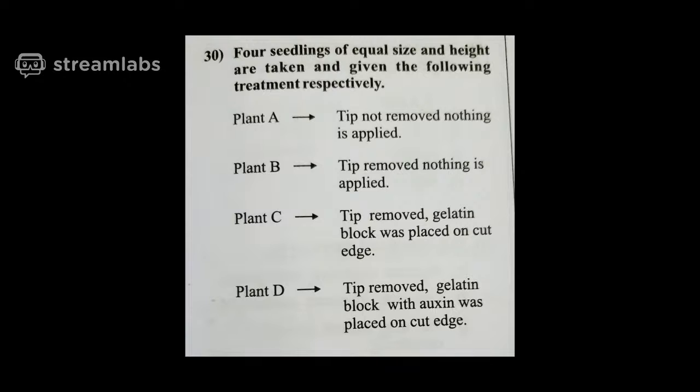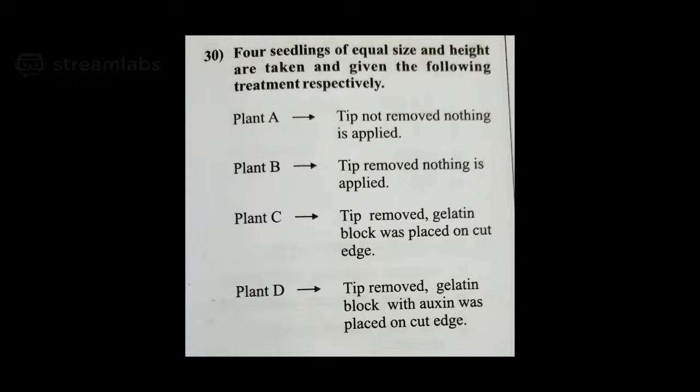Gelatin block with Auxin was placed on the cut edge. Now, these are the four kinds of different plants. One plant, tip is not removed, it is left naturally to grow. The other one, tip has been removed. Plant C, tip has been removed and gelatin was applied. Fourth, tip has been removed but Auxin was applied on the cut edge.